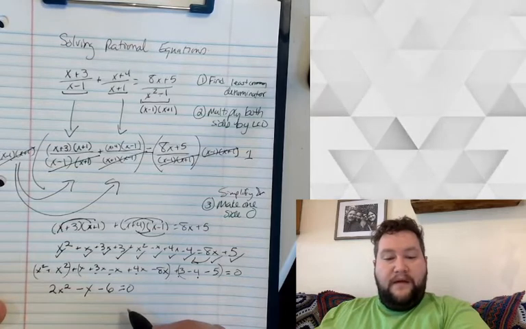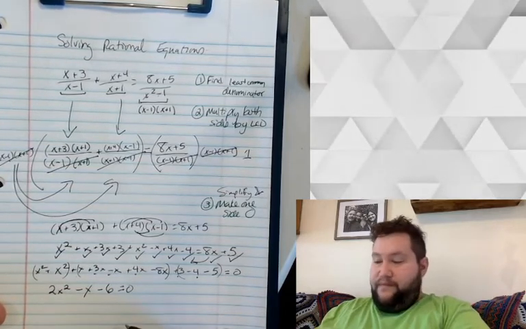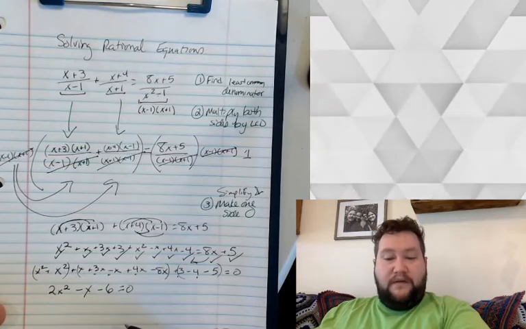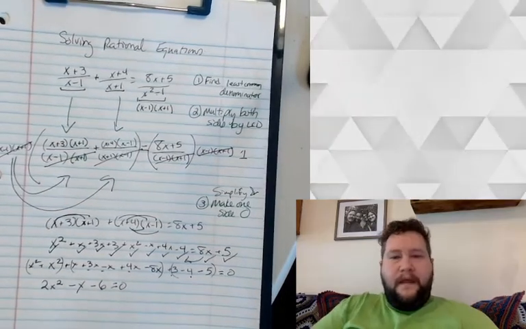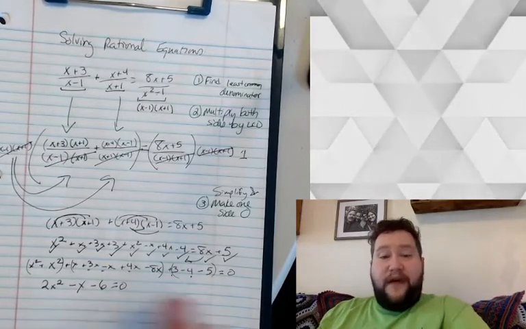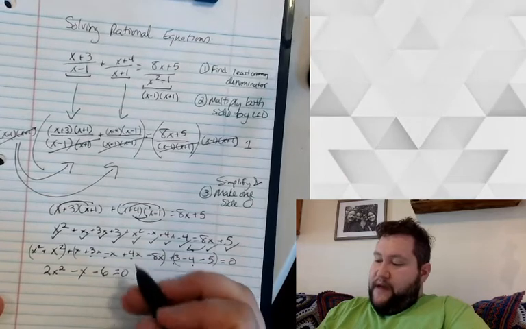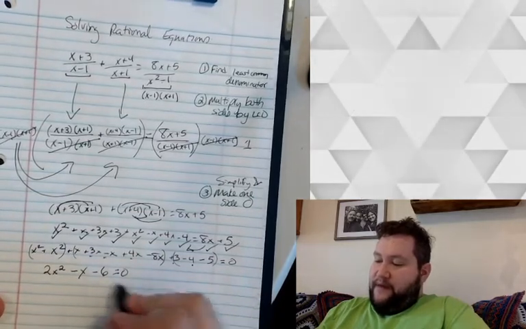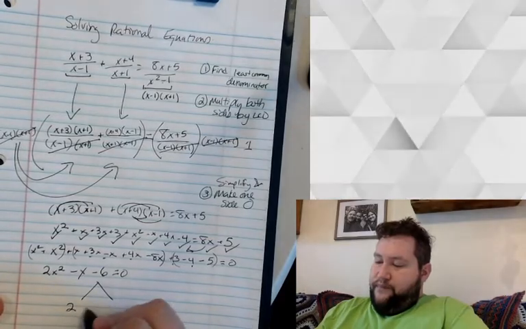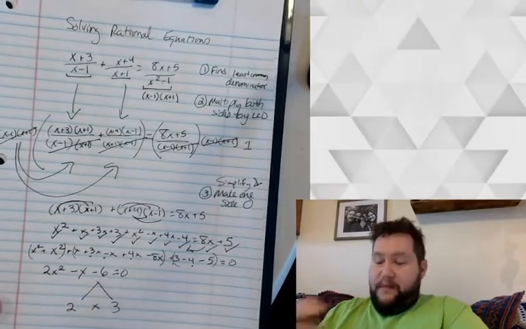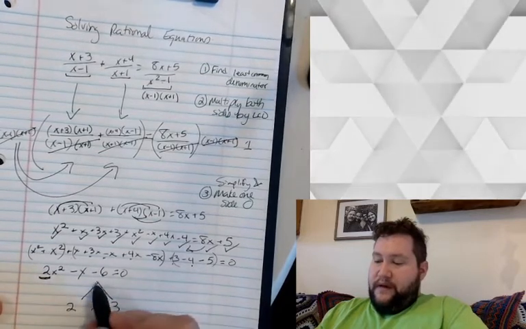And so from here, we need to try to solve. And so what we need to do to factor this is we need to look at factor pairs of 6, where when one of them is multiplied by 2, their sum is negative 1.